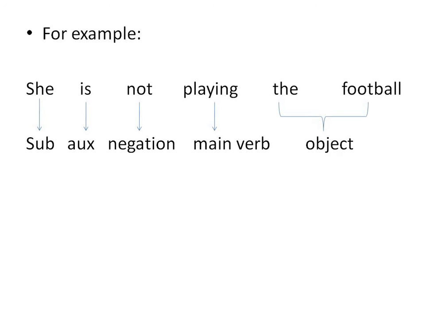When we need to transform it to negative, how are we going to arrange the sentence? The subject, then auxiliary, then we add negation, that is not, then main verb, playing, then the object. So this is how simply we change the simple sentence into the negative sentence.